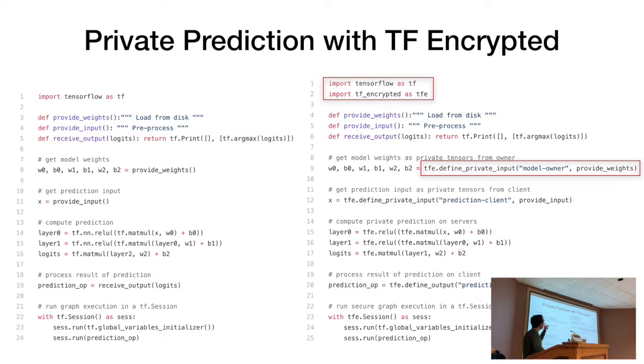In this case, providing weights is the job of the model owner, so we annotate that function with the model owner, saying the model owner needs to run this. Then it returns these weights. But these weights are actually private tensors, secret shared tensors that represent two different shares on different devices. From the user's perspective, it's just one tensor and essentially the same, but behind the scenes, a lot is going on to make sure this is done privately.